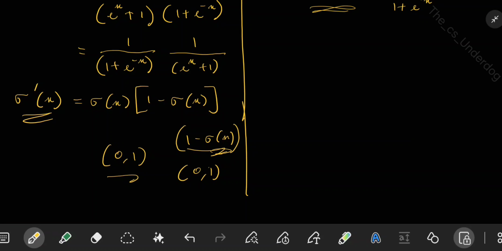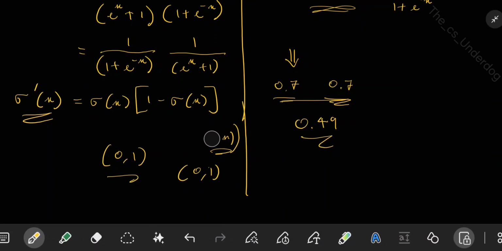The problem is if you multiply two numbers which are lesser than 1, that is something like 0.7 into 0.7, during multiplication it is going to take an even smaller value. If you multiply these two, you will get 0.49, which is an even smaller value. But here, because one side is sigmoid of x, other side is 1 minus sigmoid of x, you can't have 0.7 on both.